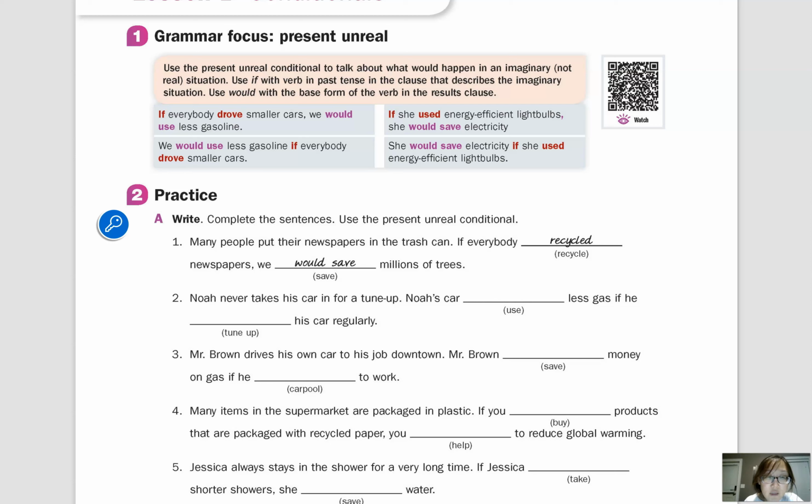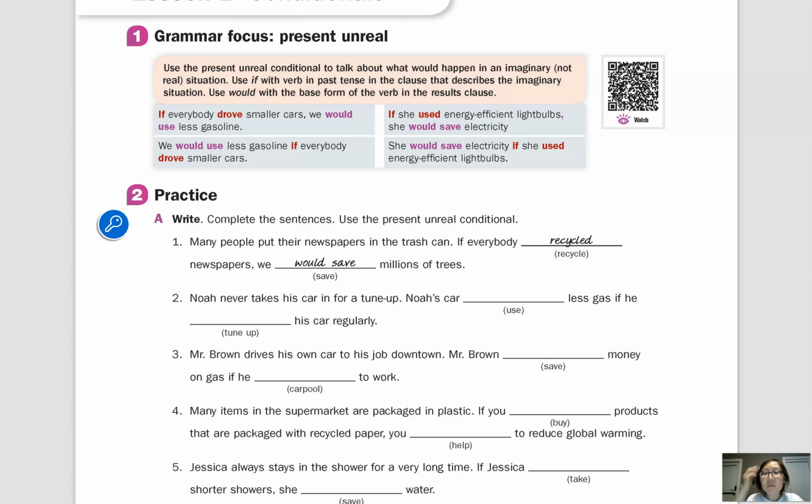So for example, if I was rude to you, I apologize. In that case, it's possible that I was really rude to you. So it's not unreal. It's possibly real. So in that case, we don't use were. We use was. Again, if I was rude to you earlier, I apologize. Okay, I hope that makes sense.